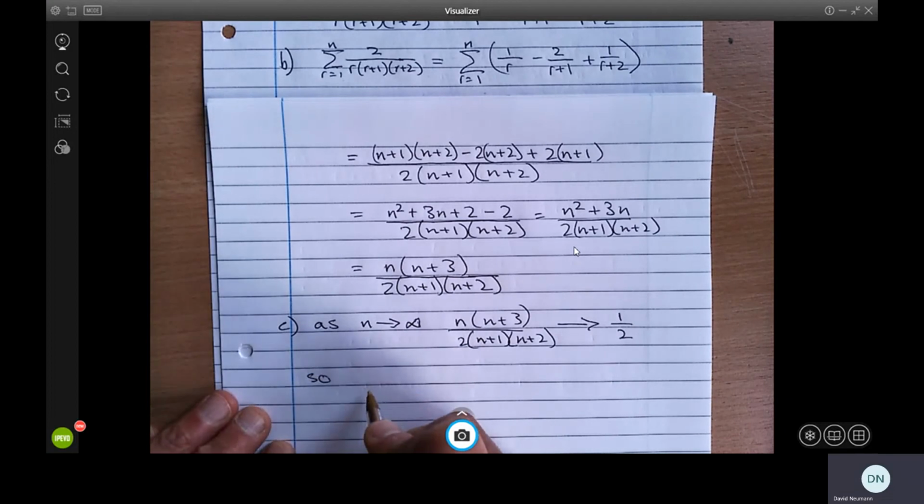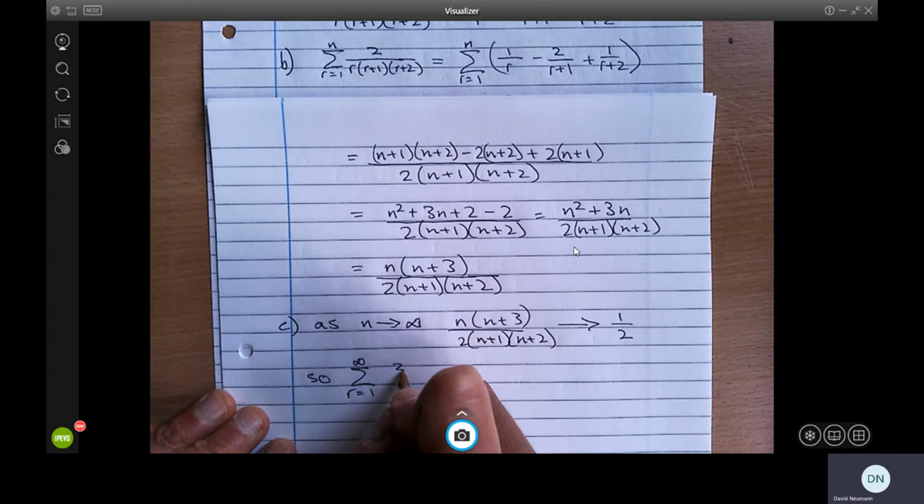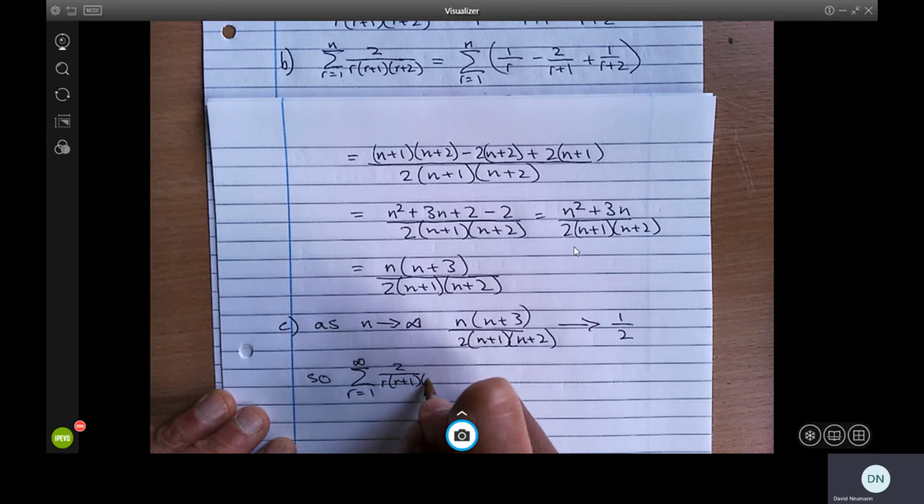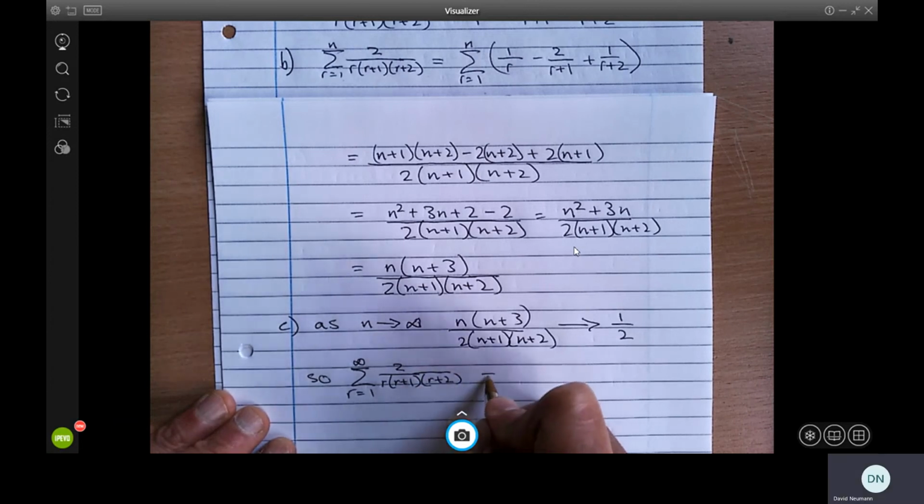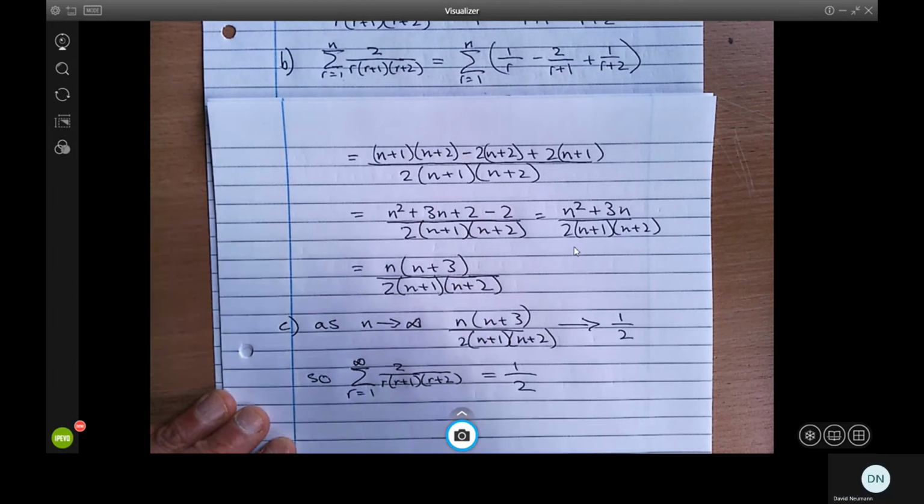So the answer that we're looking for to that infinite sum, the sum of r equals 1 to infinity of 2 over r plus 1, r plus 2 is equal to a half.